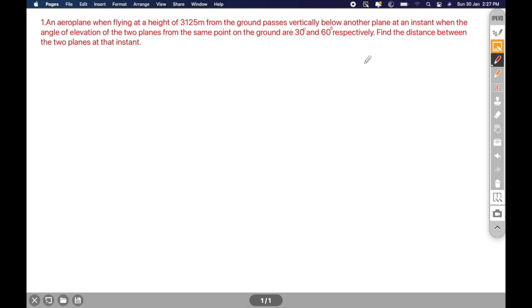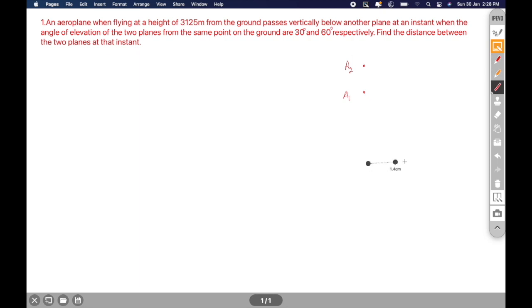I will consider A1 as the position of the aeroplane below another aeroplane A2. Now the angles of elevation of the two planes at an instant are 30 degrees and 60 degrees from the ground.